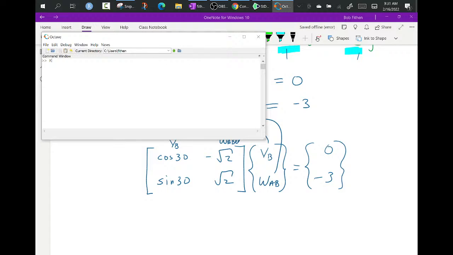Call the first matrix K. There's your matrix on the right hand side.